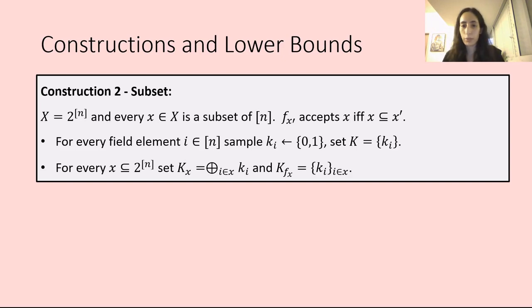So the person who sees all of the k sub i for the subset that corresponds to f can now take any subset of this subset and compute the corresponding k sub x. But for security, once he tries to compute k sub x for another value, then this k sub x is completely masked by some k sub i of a value that does not appear in the key. So we get both correctness and security.